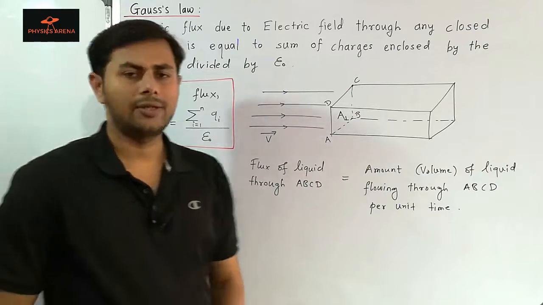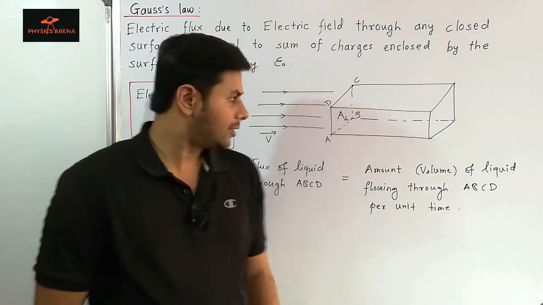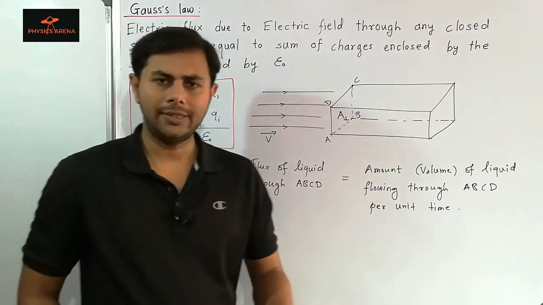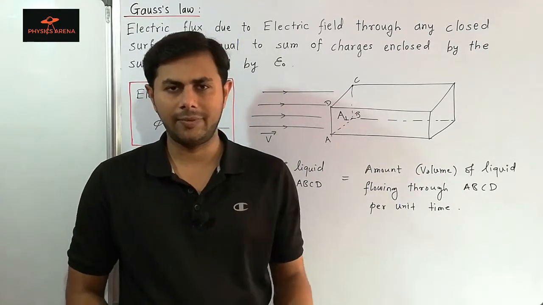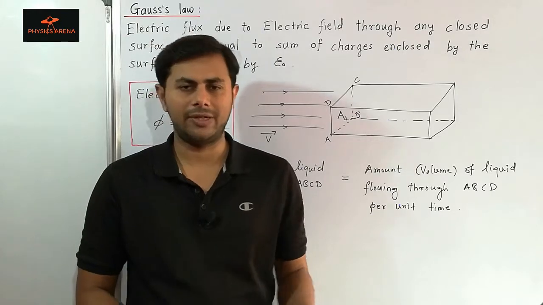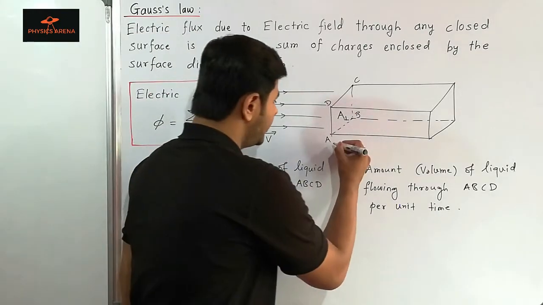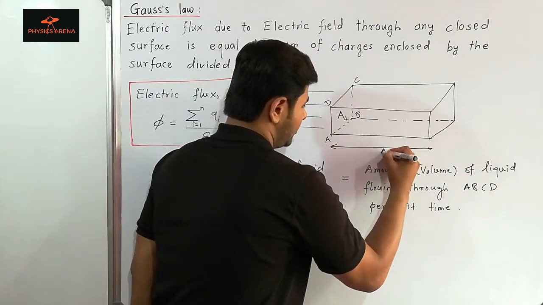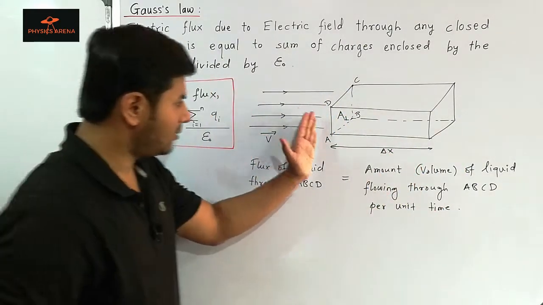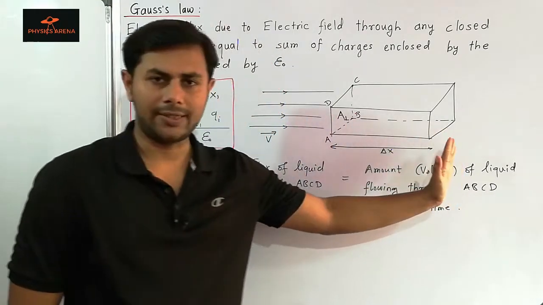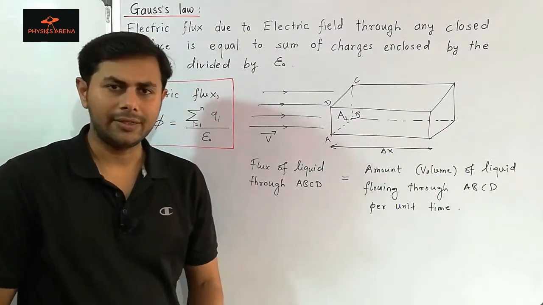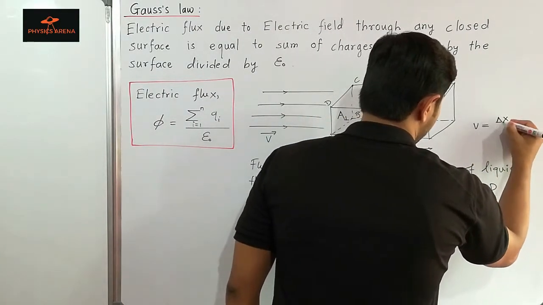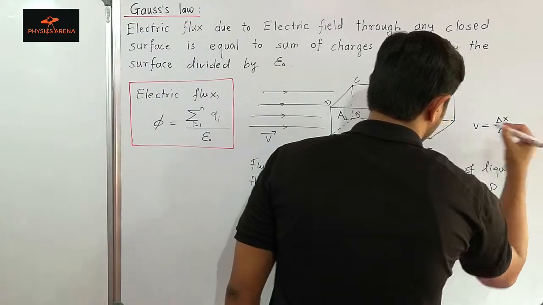So suppose at some time t the fluid was at this surface, and at time t plus delta t, in time interval delta t, the fluid moves from here to, let's say, here. So the distance covered by the fluid is delta x in time delta t, and that's why we can say V is equal to delta x divided by delta t.